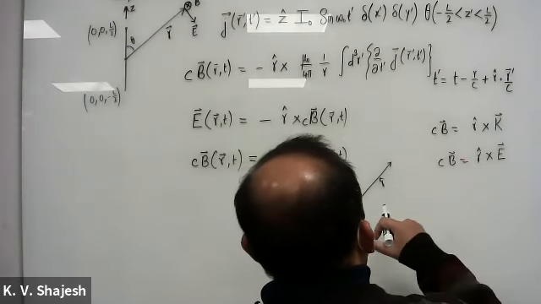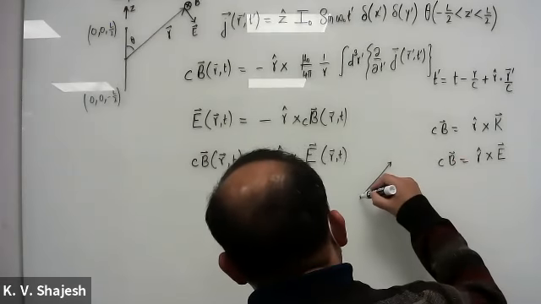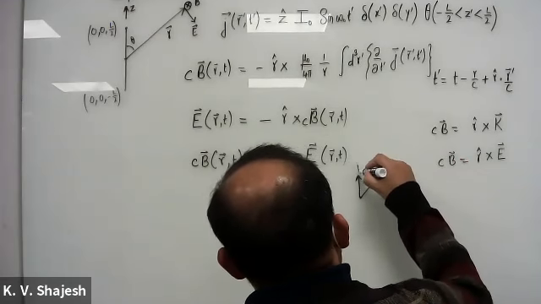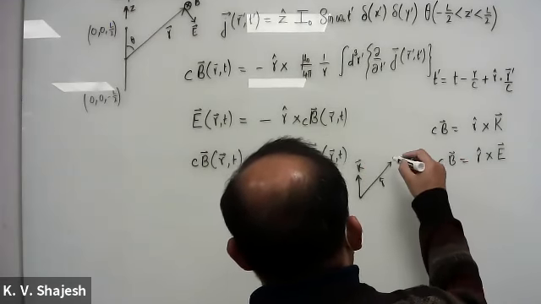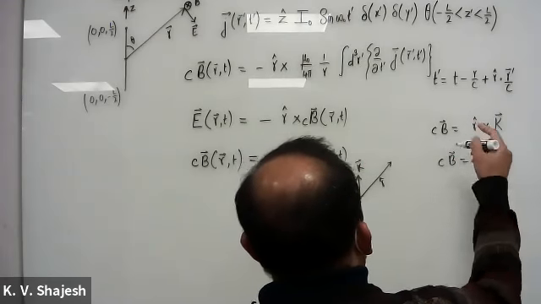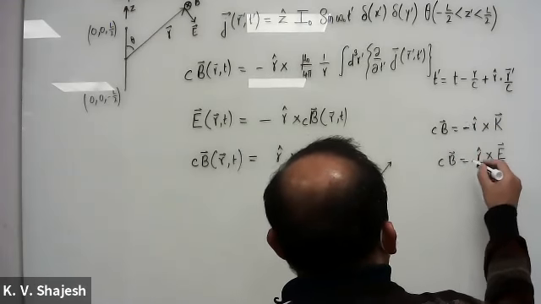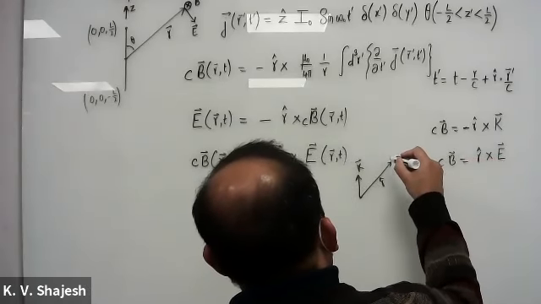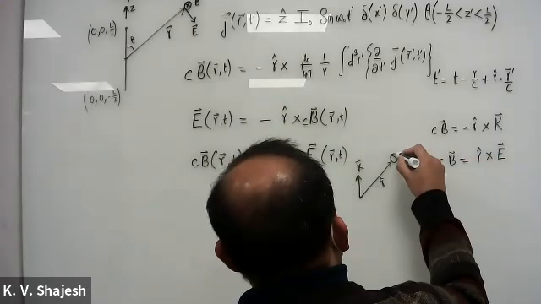And R hat crossed with K, let's say K is somewhere here. So R hat crossed with K will be, let's say, minus, so that it's minus R. So this is your magnetic field.